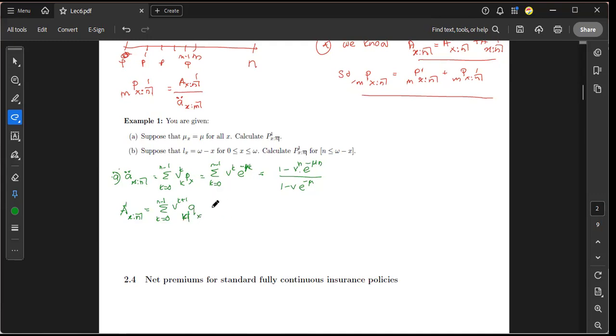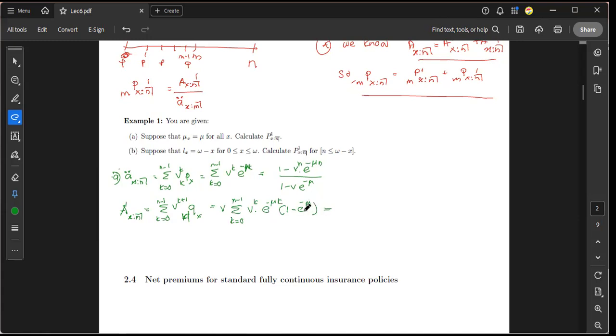So we will have a modified version. If we take this v out, we have e to the power k. For this one, surviving for k years, and then the death occurs within the next year, so 1 minus the survival probability for 1 year.